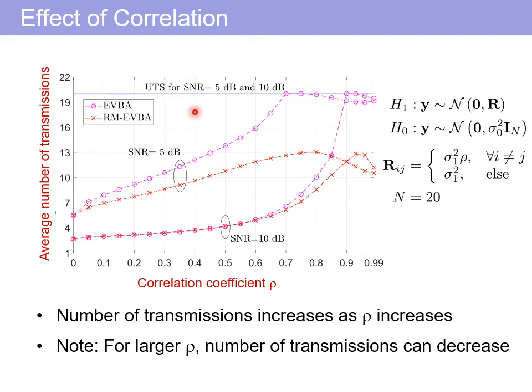For example, at a correlation coefficient of 0.5, you're saving roughly 50% using these ordered transmission schemes at 5 dB, and probably around 70 or 80% at an SNR of 10 dB.